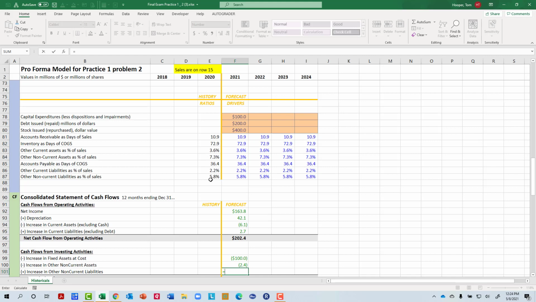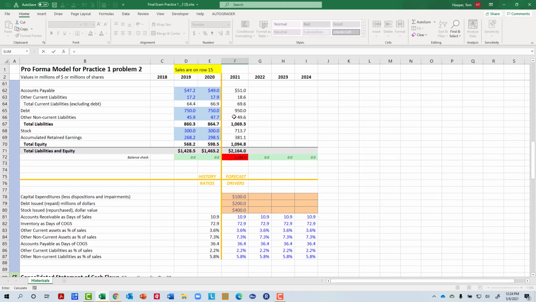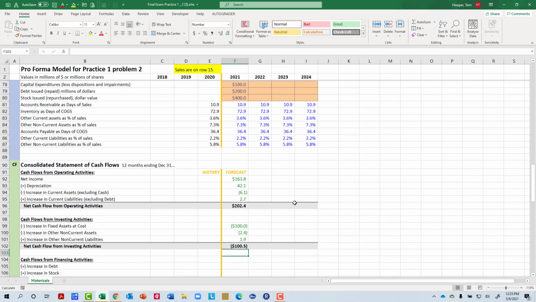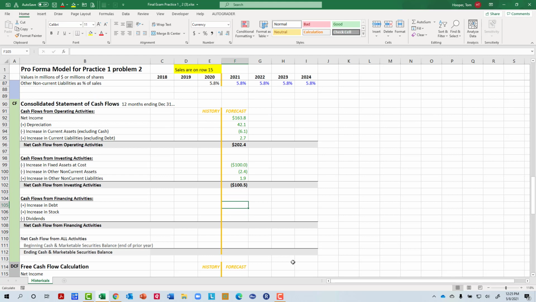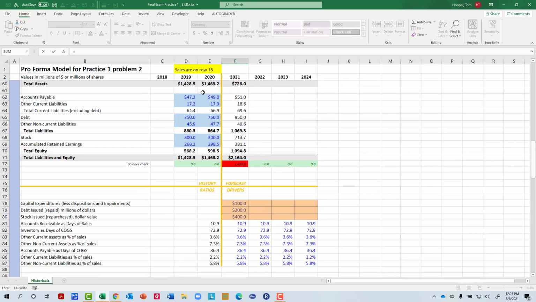And add in any increases in other non-current liabilities. Seems to be a pattern here. Sum those up to see how much cash we used in investing. It was almost all that capital we spent. And then any increase in debt. It'd be tempting to pull it from here, but let's pull it from here to be safe.